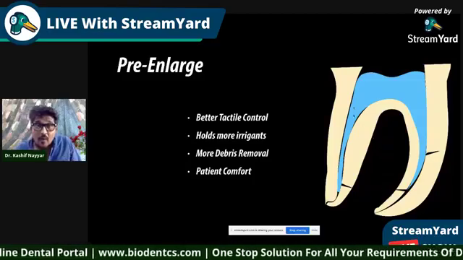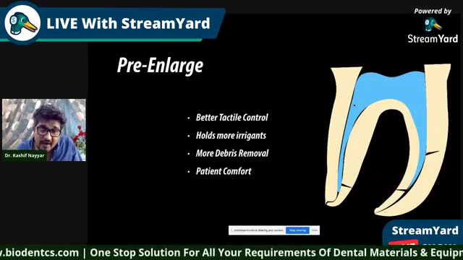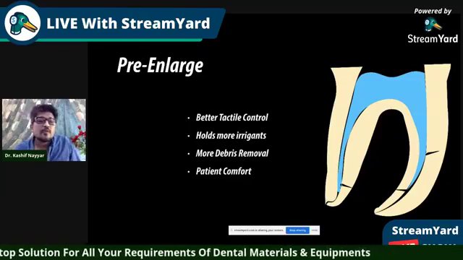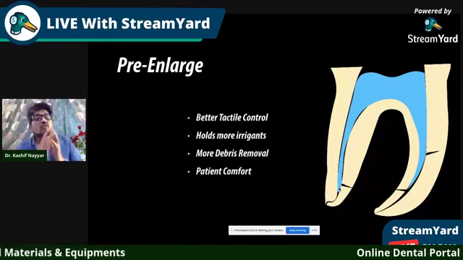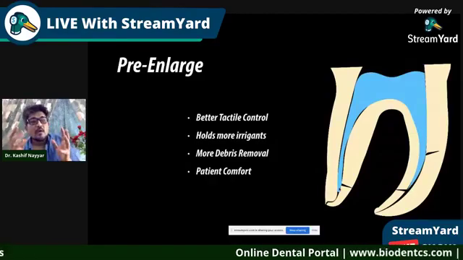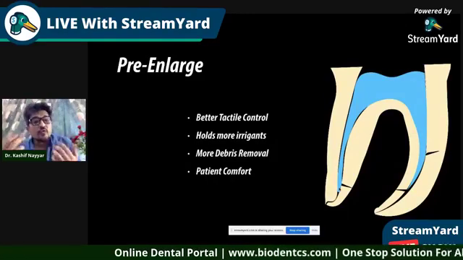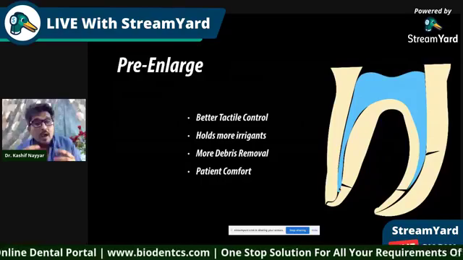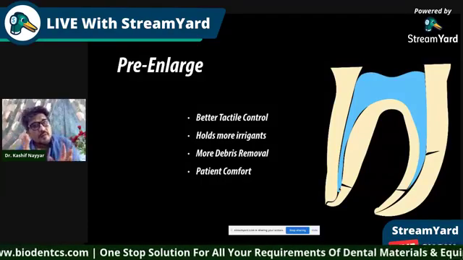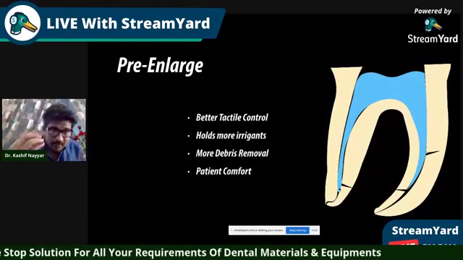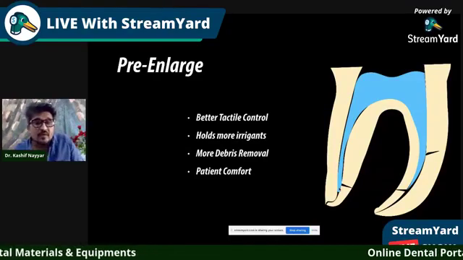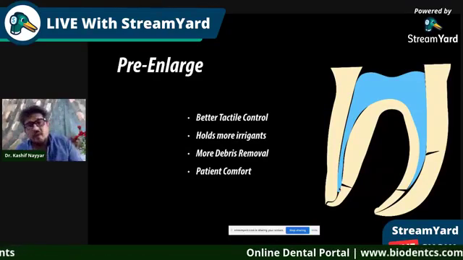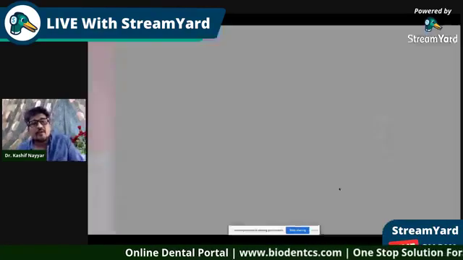So when you pre-enlarge, your file is mostly binding in the apical third portion, so you have tactile feedback. Number two, it holds more irrigant, meaning more disinfection, more dissolution of the tissue, and more debris removal. And during the pre-enlargement, the bulk of the pulp and necrotic debris is removed, so the patient is more comfortable. So there are a variety of advantages of pre-enlargement.